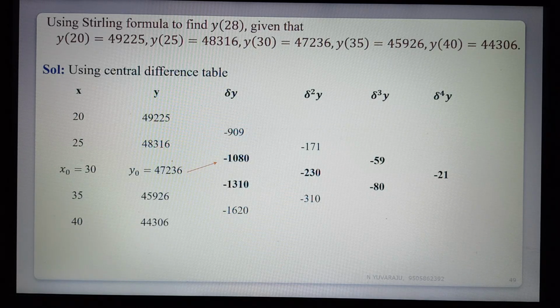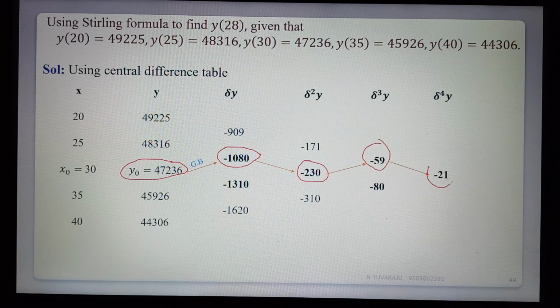So these are the backward values: y naught, delta y minus 1 by 2, next delta square y naught, next delta cube y minus 1 by 2, next delta power 4 y naught.